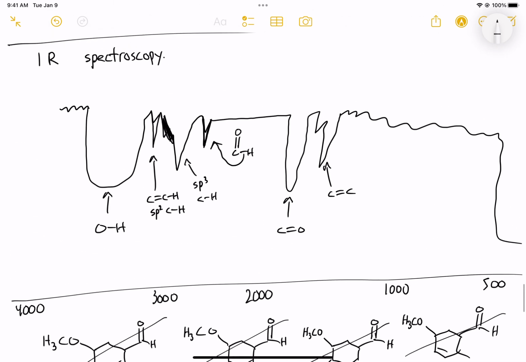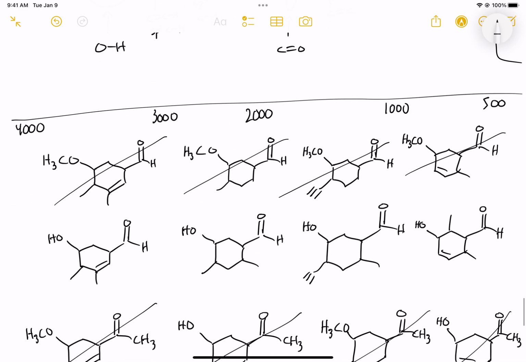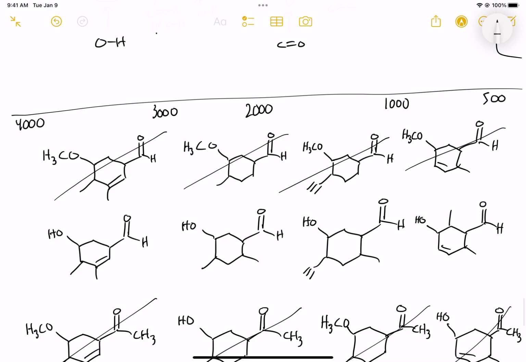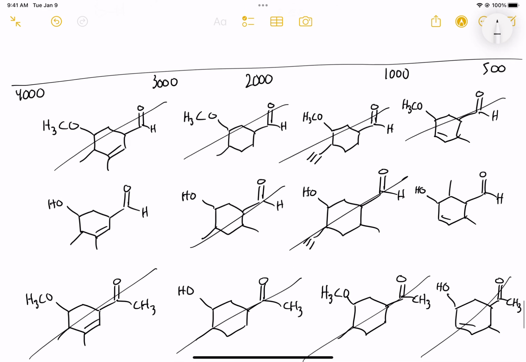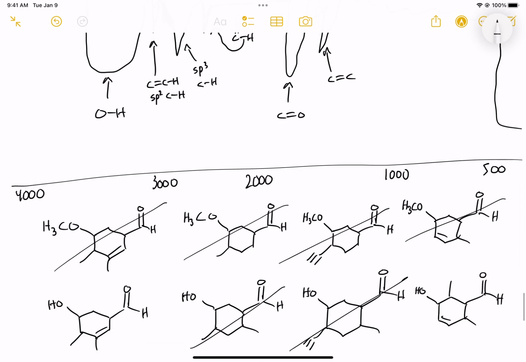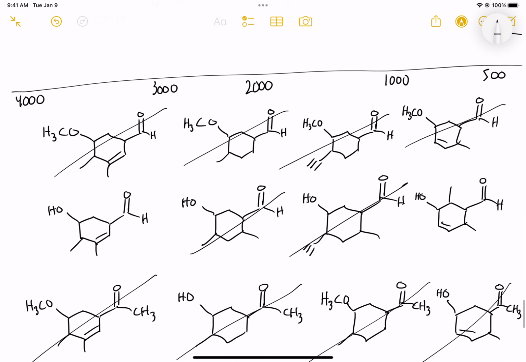Now let's see what we have. OH, so everything here has an OH, good. All right, so does every one of them have a double bond? CC double bond? No. So we can eliminate this one and then this one. So now our options are these two molecules here. So we have a CC double bond, good. OH bond, good.